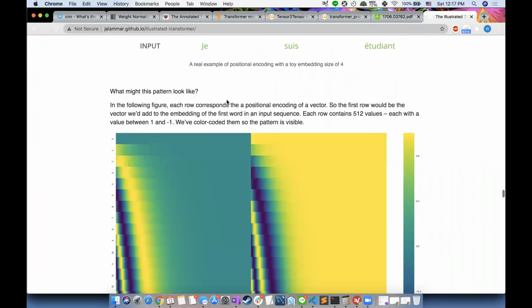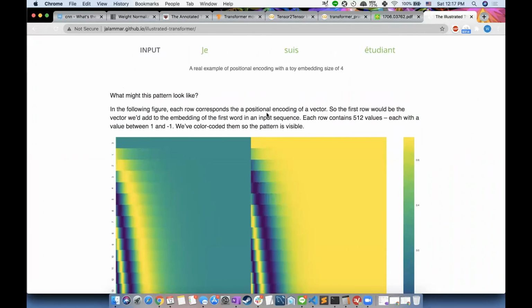And what might this pattern look like? In the following picture, each row corresponds to the position encoding of a vector. Each row is a position encoding of a vector. So the first row will be the vector we would add to the embedding of the first word in the input sequence.